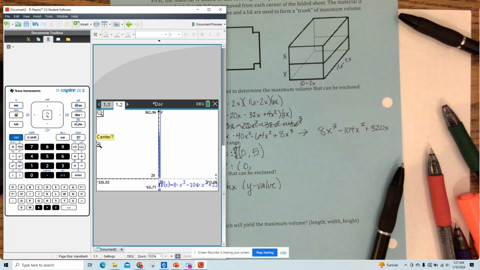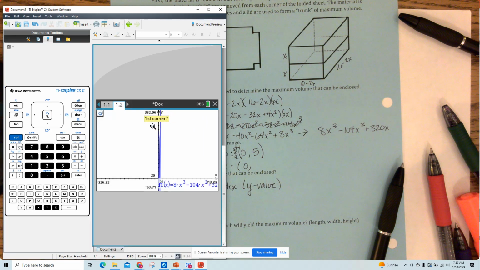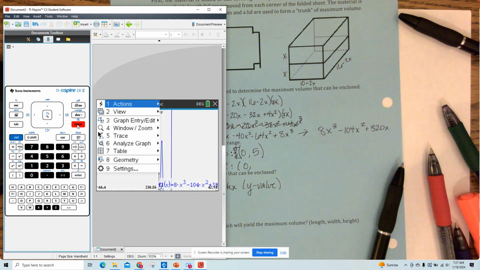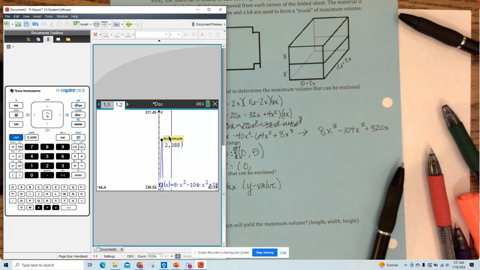And so I don't know if you can see it. Zoom, do a box here. But it's this area. It's right in this area here. This is the vertex we're talking about. So I can find the maximum. That's the maximum volume right there.